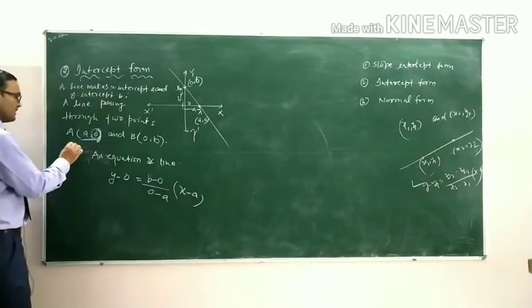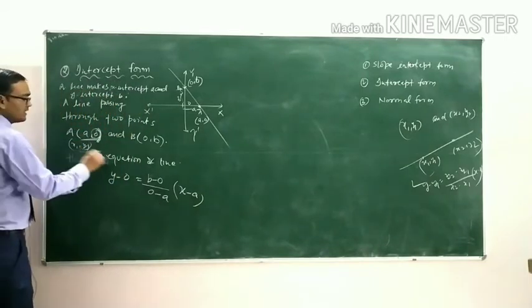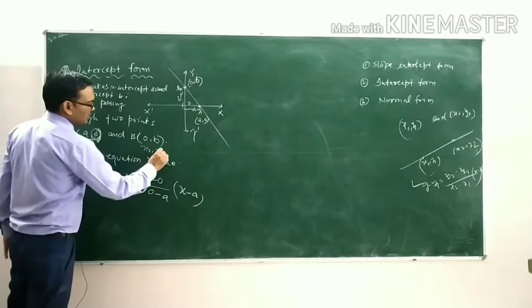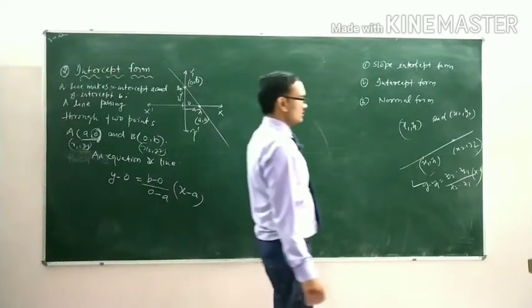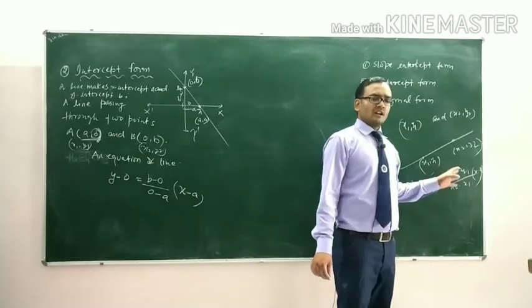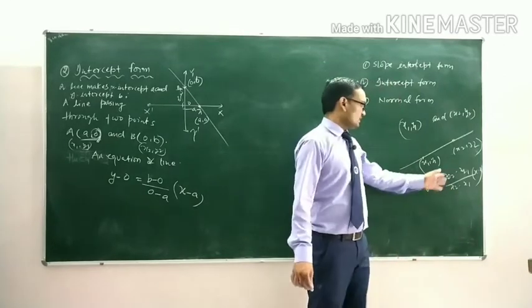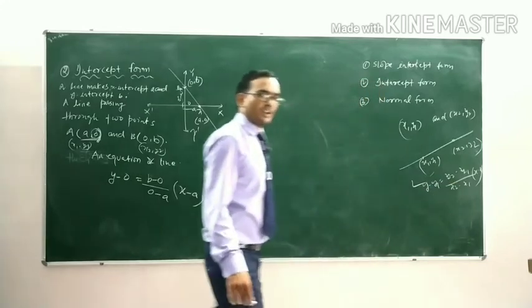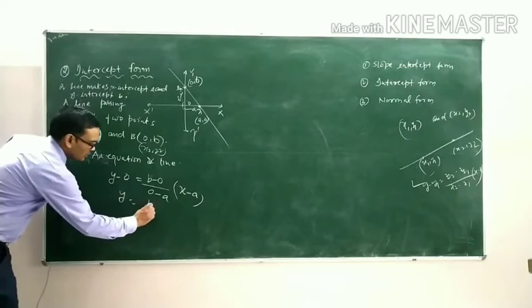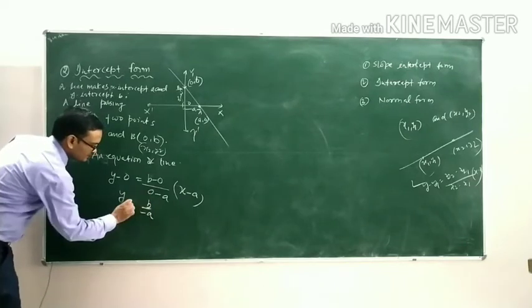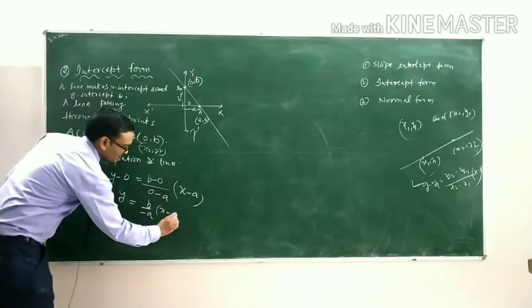Here this point is (x1, y1) and this point is (x2, y2). Then we put the values of x1, y1 and x2, y2 in this equation and we find the equation of the straight line: y equal to b upon minus a into x minus a.